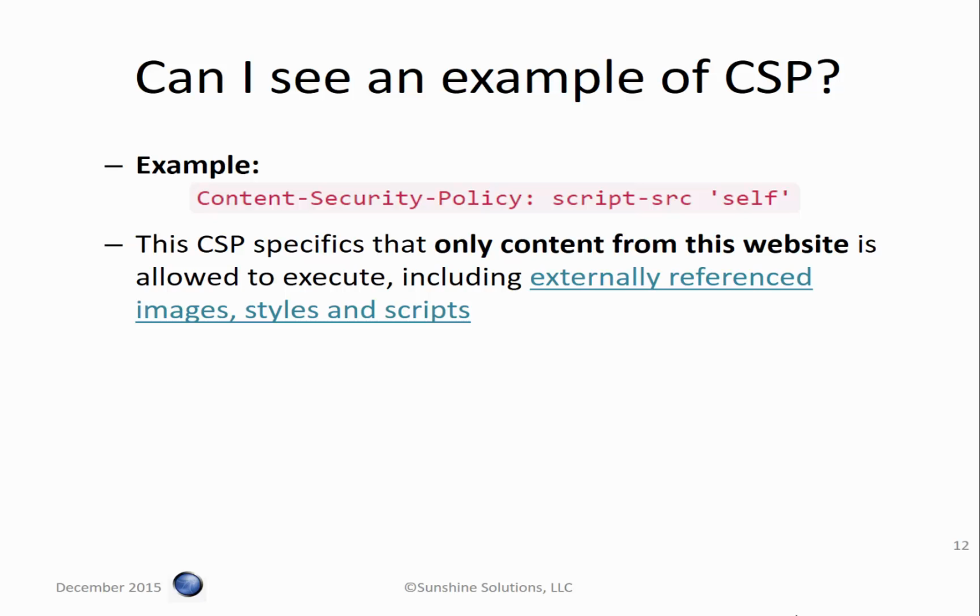In this instance, the script source, which is a directive, is going to have the value of self. This means that for this particular policy, only content from this website is going to be allowed to execute, and that's going to include any externally referenced images, style sheets, and scripts.